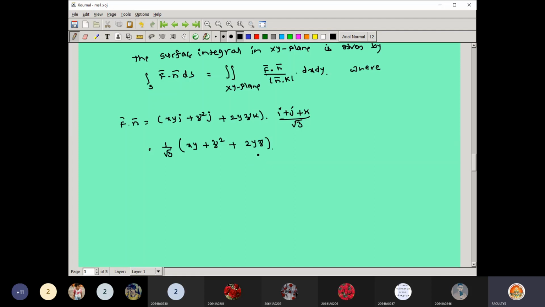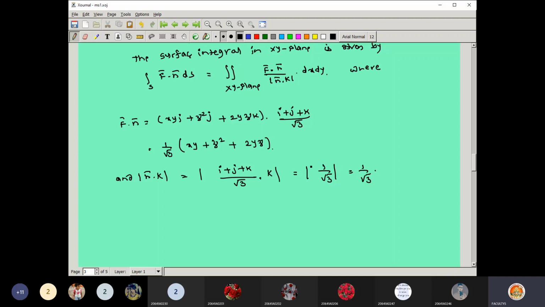Once you know this f bar dot n bar, we need to calculate one more thing: modulus of n bar dot k. Modulus of n bar means (i plus j plus k) divided by root 3, dot product with k. So this is nothing but modulus of 1 by root 3, or I can write only 1 by root 3.